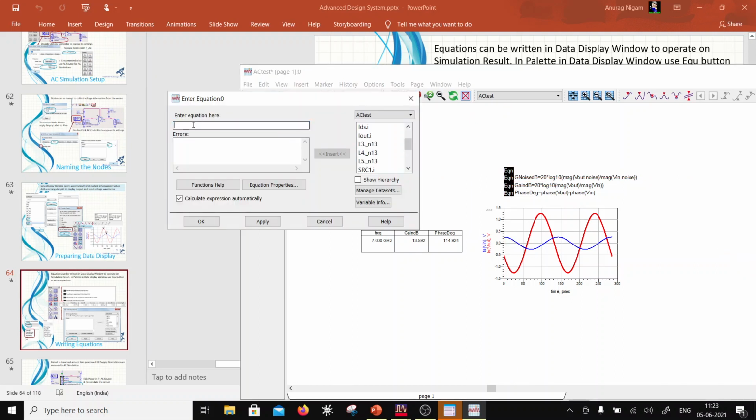So I will say noise figure is equal to G dB, gain dB. So gain G noise dB minus gain dB.